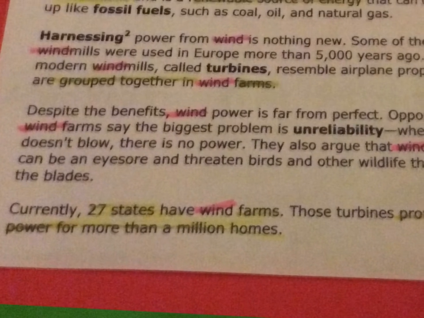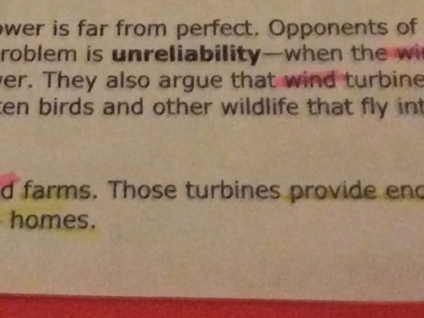Windmills called turbines are grouped together in wind farms, and 27 states have wind farms, and the turbines provide energy for more than 1 million homes. Any of those would support the idea that wind is being used as an energy source.